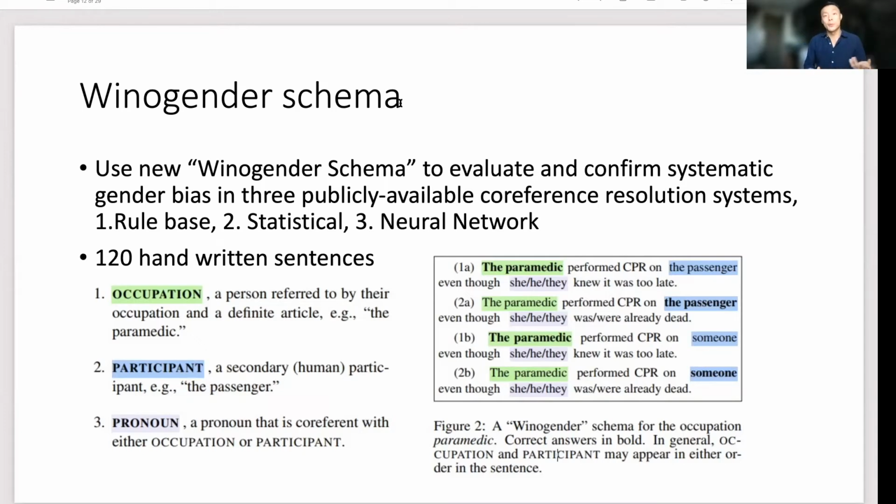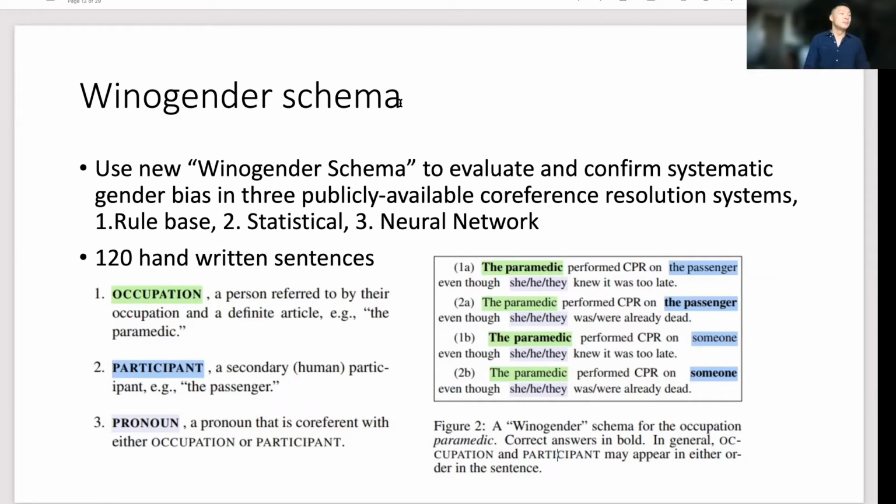Winograd schema would be something like this, where if you know the meaning of the sentence, you should know exactly that the pronoun should be resolved to the paramedic and not the passenger. But in Winogender, they twist it a little bit and test it on he, she, and they, on all gender and non-gender pronouns. Okay.